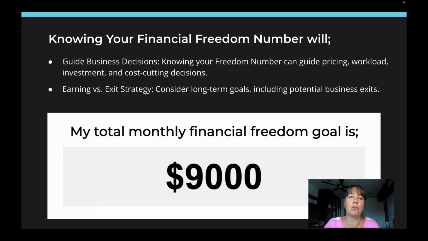Also, something we're not going to talk about right now, but you're also at some point potentially going to consider your long-term goals. So for instance, you may have a short-term financial freedom goal, and then you may look forward and think, but I want to get to a stage where I never have to work again. I don't want to do anything. I literally want to sit on a boat in the middle of a river and fish for the rest of my life. That's all I want to do. And therefore, you want to start considering now, how much money do you need to make each month to then sell your business for what I call forever money in the future.